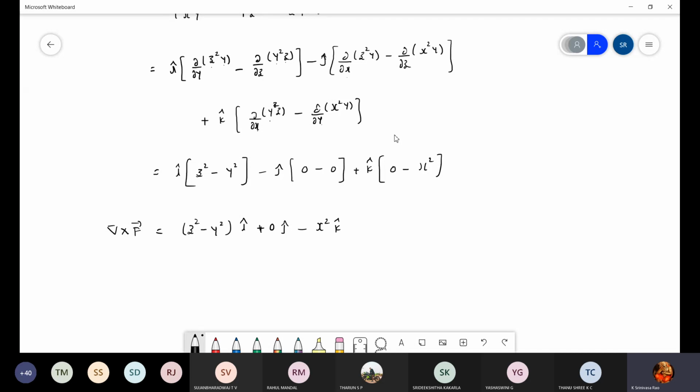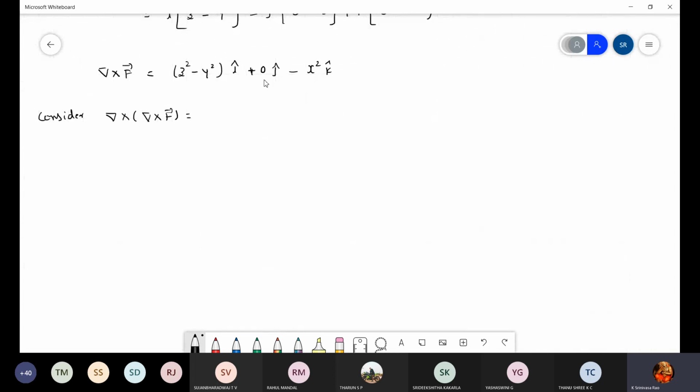Now consider curl of curl f, del cross of del cross f. That is equal, same formula one more time, that's it. Now this is our new vector. For this vector we have to calculate the curl.